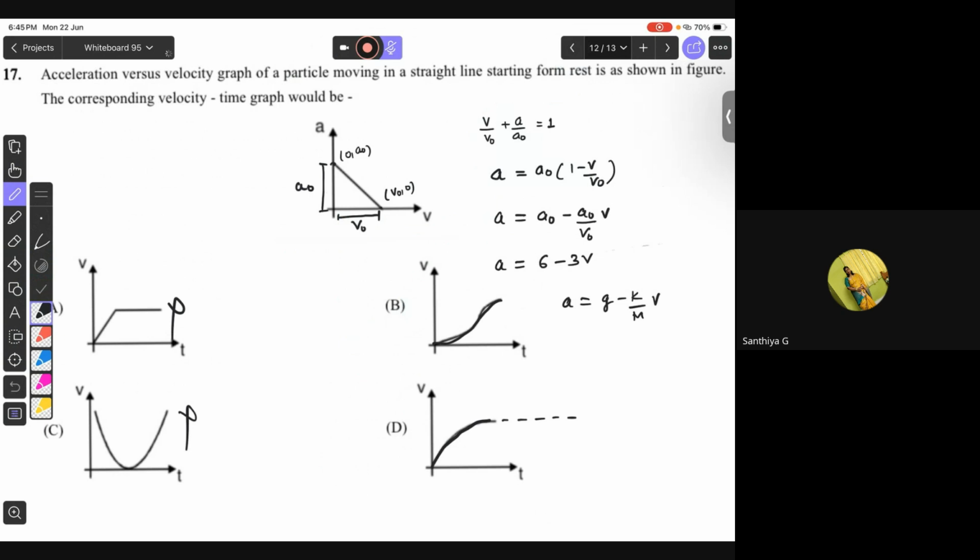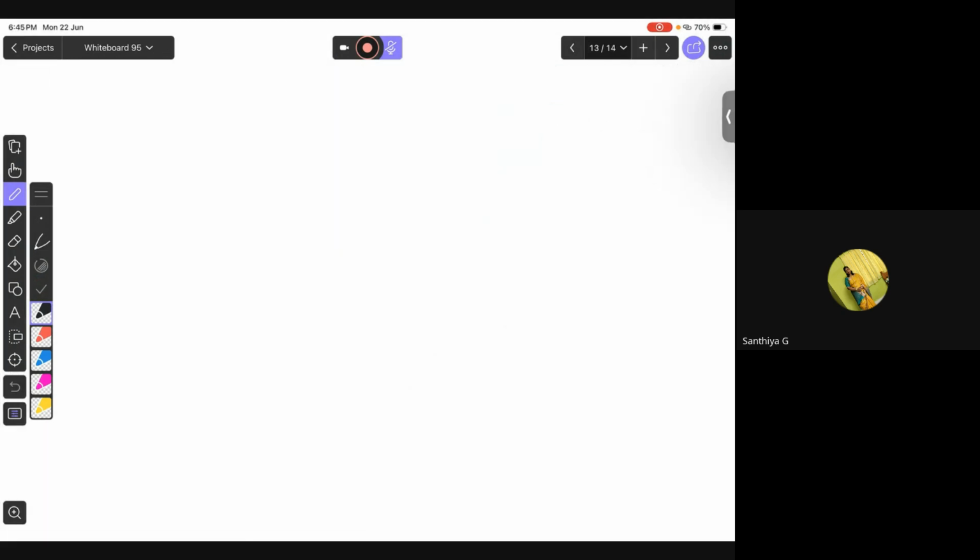Just a moment. You must remember these two curves. y equals a into 1 minus e to the power minus bx, where a and b are positive constants. The graph of this one I will draw, and you should know it forever.